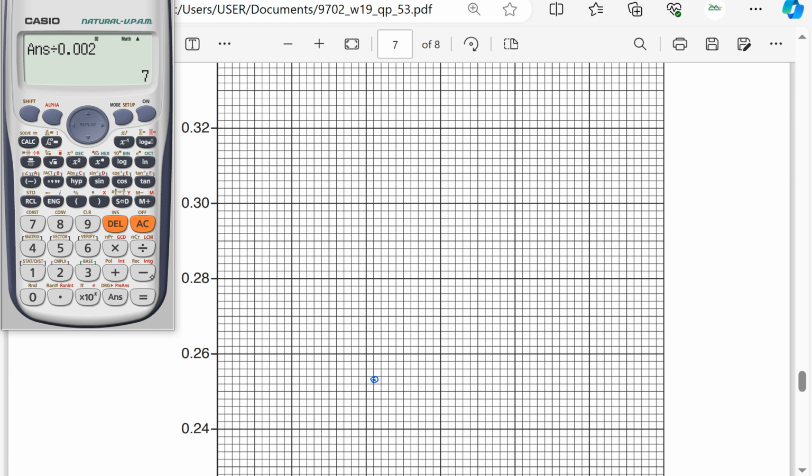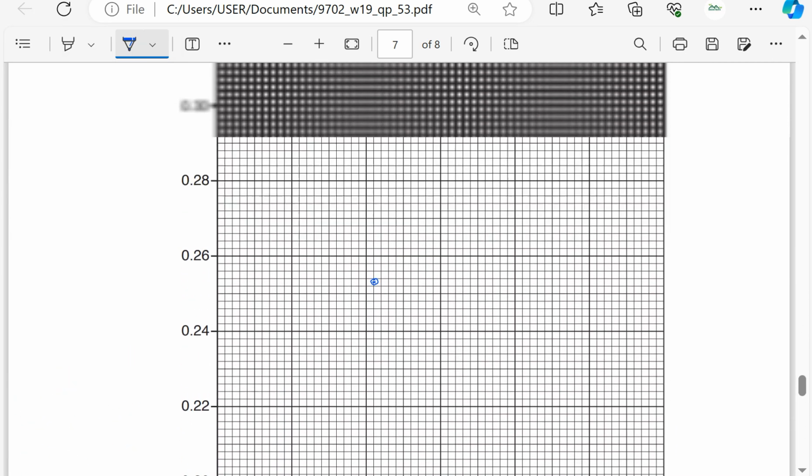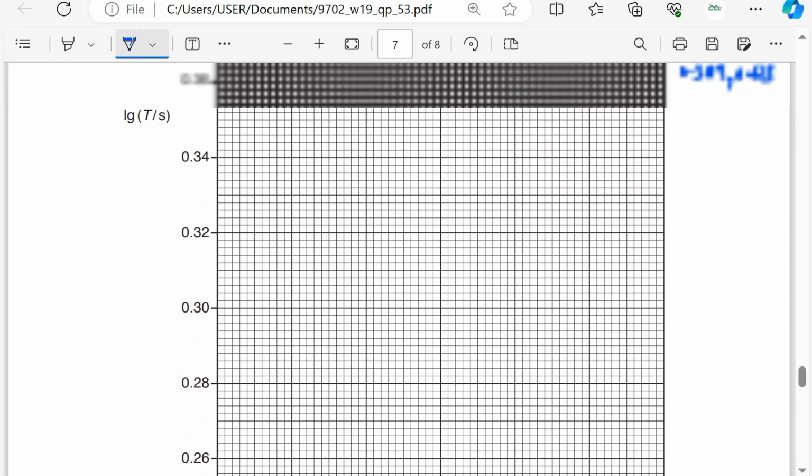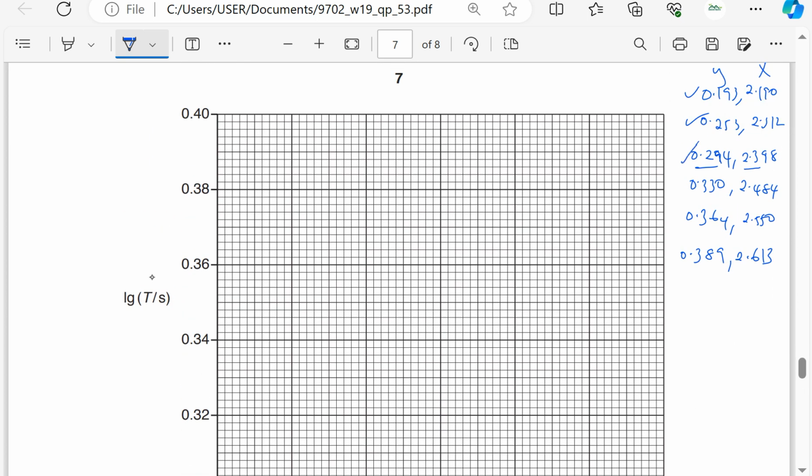So I'll add 7 squares. So this line is 2.4. So on 0.28, I'll add 7 squares. 1, 2, 3, 4, 5, 6, 7. So the point is approximately here. Okay, so that one is also done.